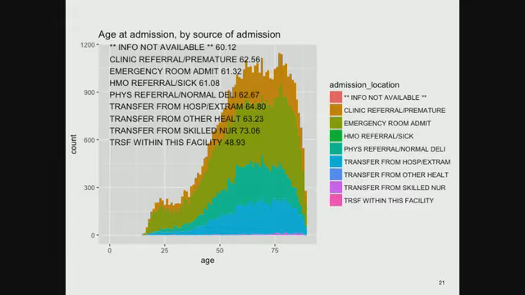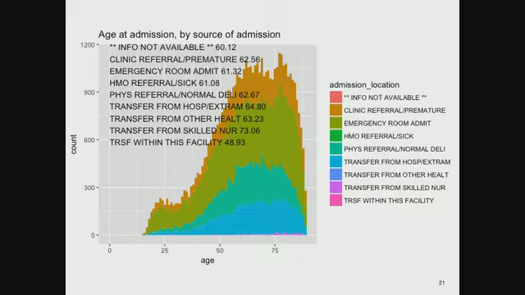What about where you came from? Right? Were you referred from a clinic, or were you an emergency room admit, or were you referred from an HMO, or et cetera? And other than transfer from a skilled nursing facility or transfer within the hospital, it doesn't make much difference.